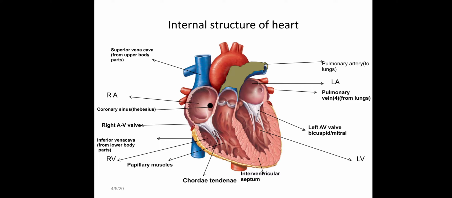The pulmonary artery branches into two so that each one can go to either side, to each lung.